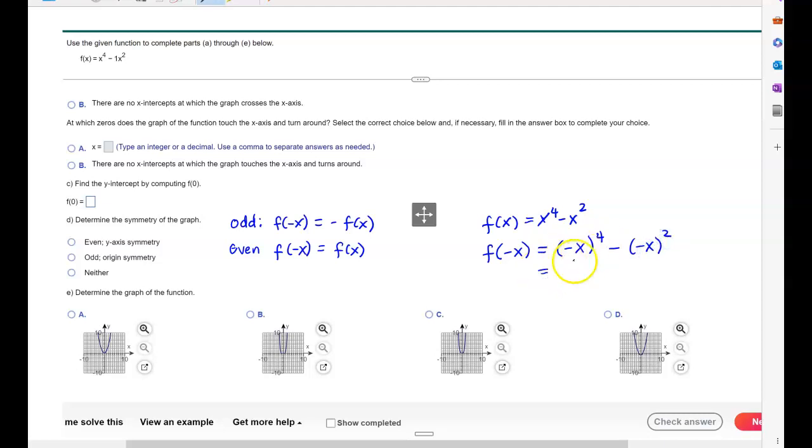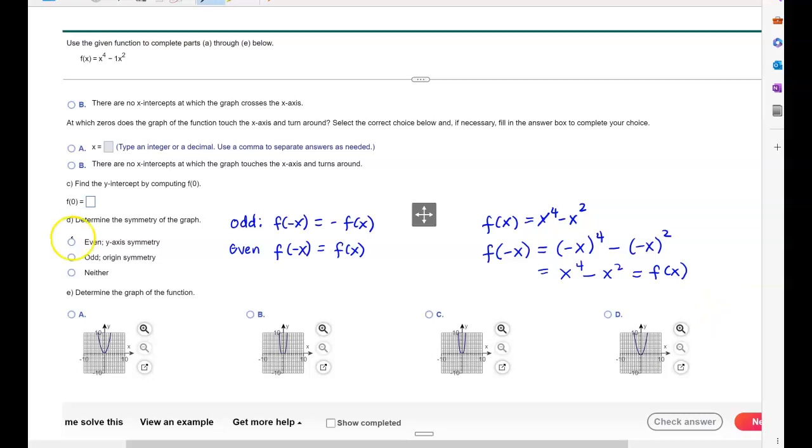Negative x to the fourth is the same as x to the fourth, and negative x quantity squared is also just x squared. So you have minus x squared here. And guess what? We got the original function back. This is just equal to f of x. So f of negative x is equal to f of x, which means this is an even function.